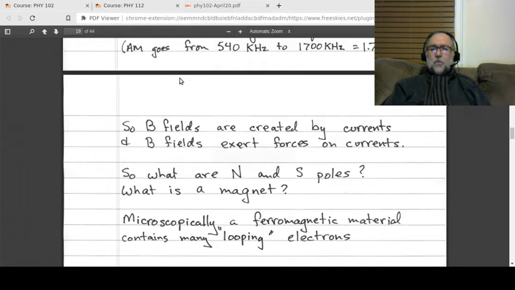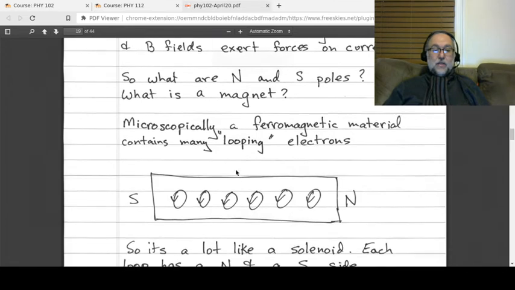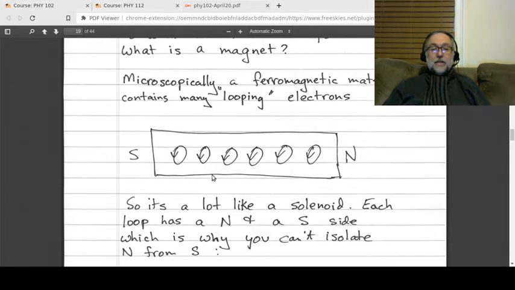All right, but what is this north and south pole? Like, is this something else? Like, how does north and south relate to anything I said before? Well, here's the thing. Microscopically, if you take a look inside of ferromagnetic materials, what you find is that there is a bunch of looping electrons. Okay, these electrons, usually in the f orbitals, are making these loops inside of the magnet.